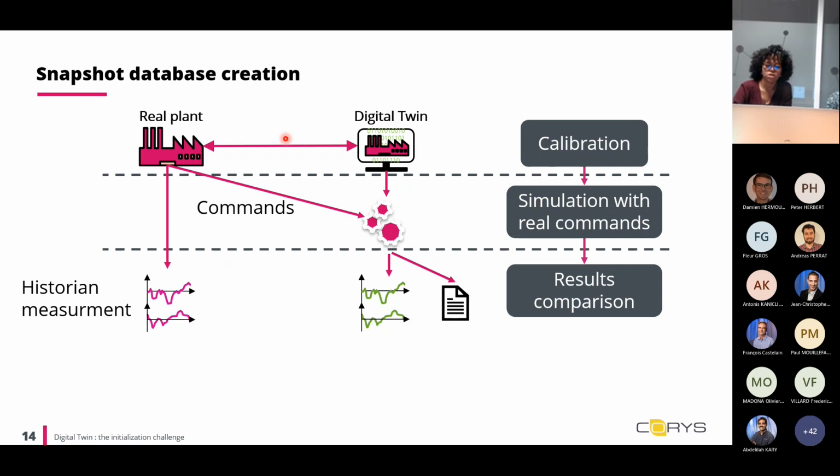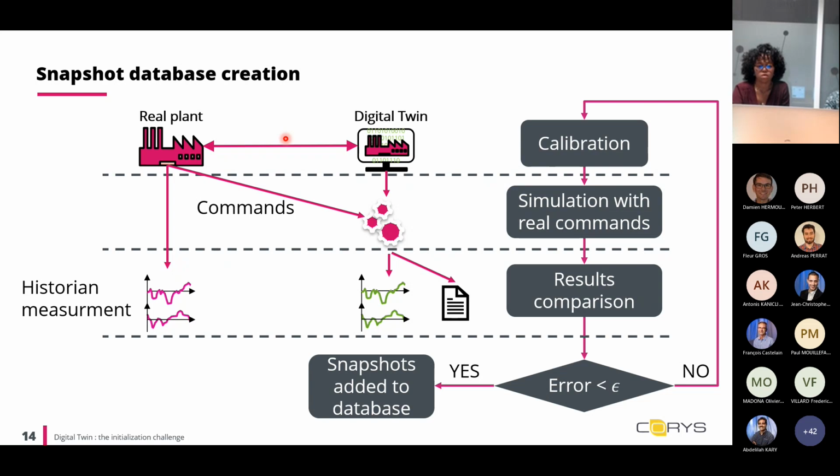And while the digital twin is running, we can also save the snapshots linked to its, let's say, instant on the digital twin. And we can compare the digital twin to the historic measurements of the plant to see if the behavior from the digital twin is close to the behavior expected of the plant. If the error between both of these measurements is acceptable, then we would just save the snapshots on our database and assume everything works well.